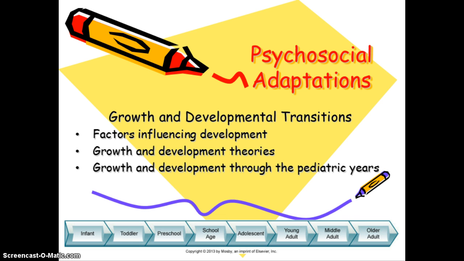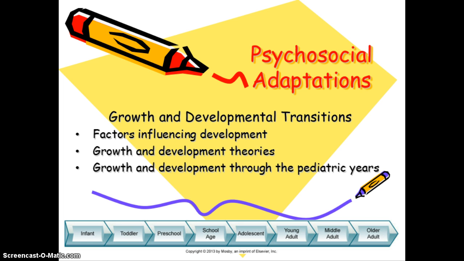Cognitive encompasses those thinking skills that are necessary for growth and development. Communication is obviously going to be related to speech, but you also need to consider articulation, voice, as well as fluency. Being able to adapt to independence and transition through normal growth and development is part of the idea behind adaptations of growth and development.